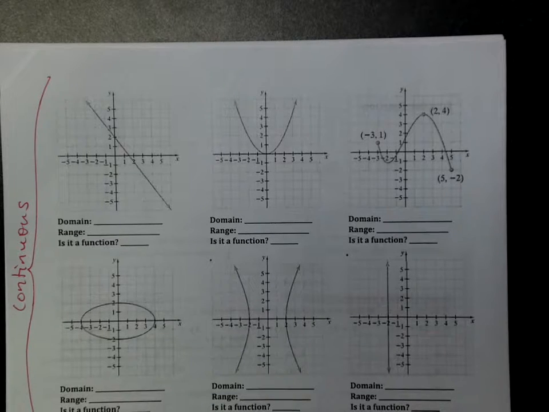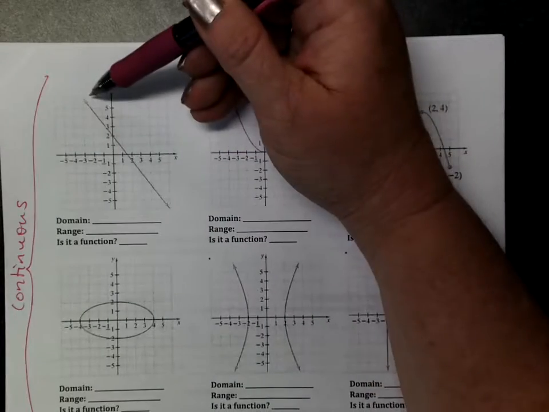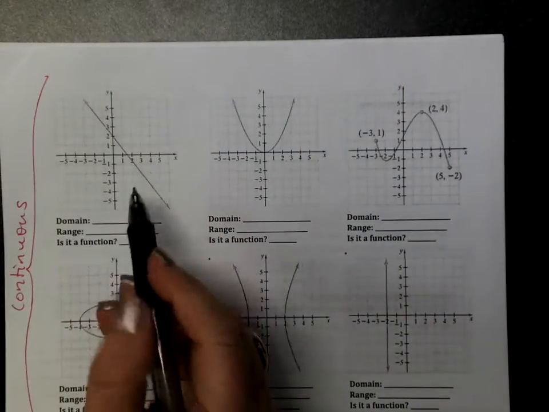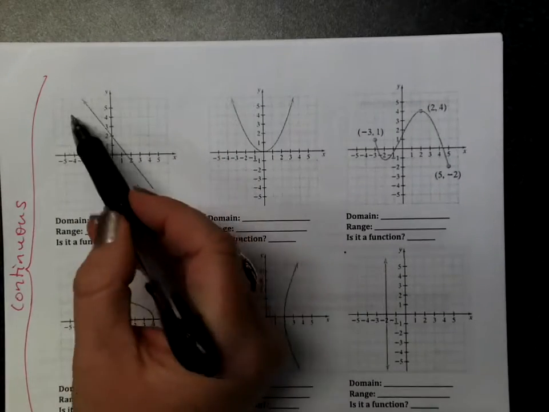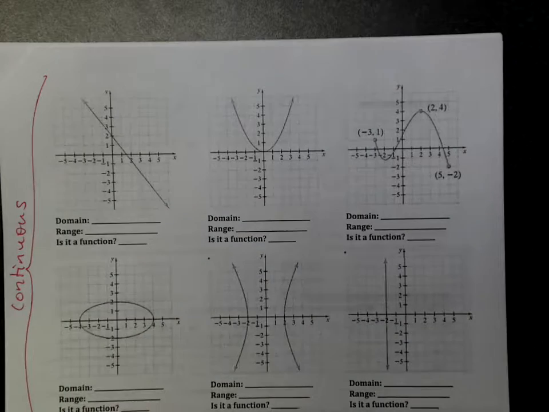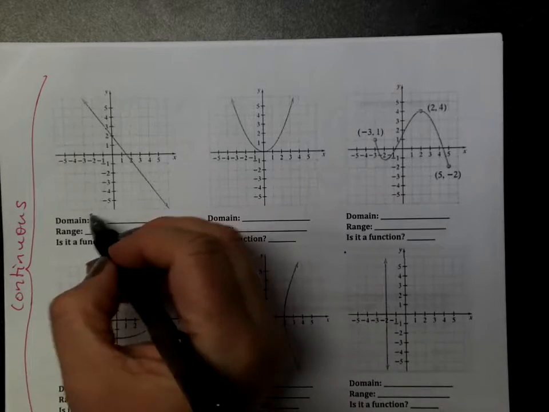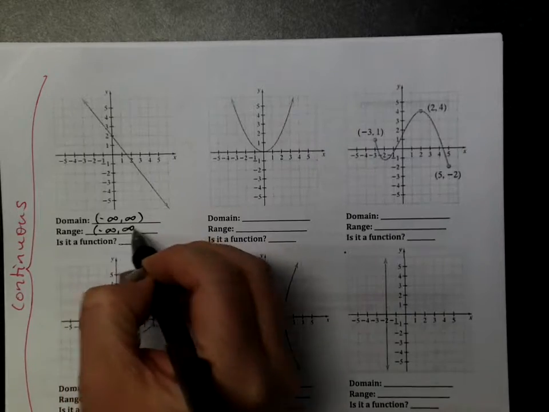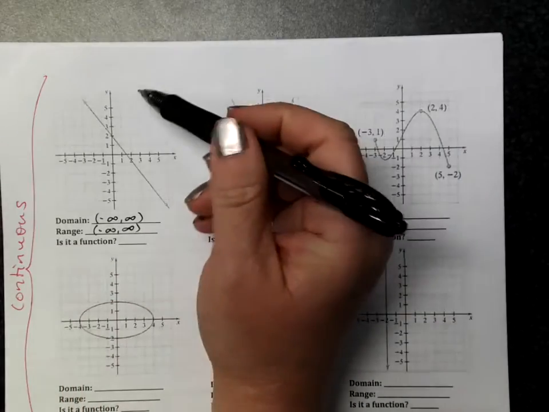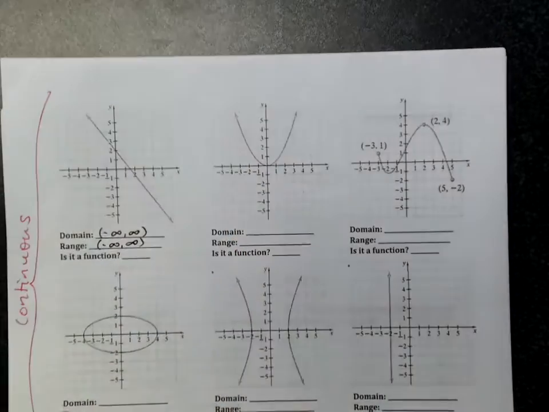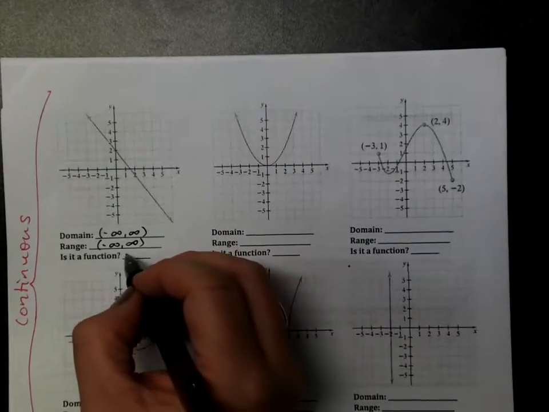It's still infinite and continuous. All right, so we've already looked at a diagonal line, for example, and saw that going off into infinity, both left and right and up and down, gave us an infinite domain and an infinite range. Now, knowing what we know about a line, we can also test it with the vertical line test, and it passes that test, and it is a function.